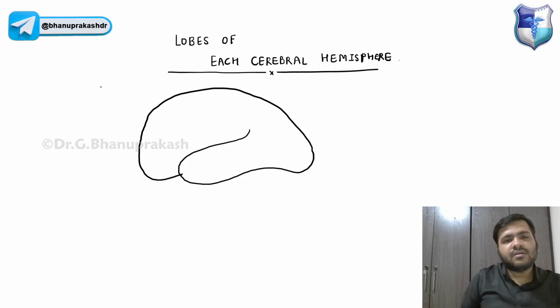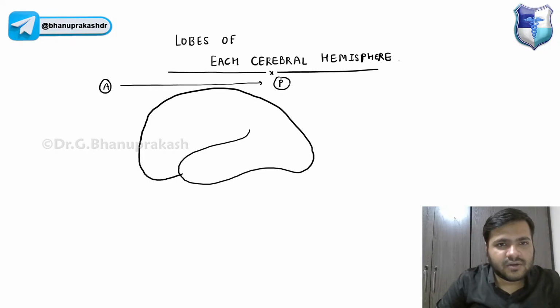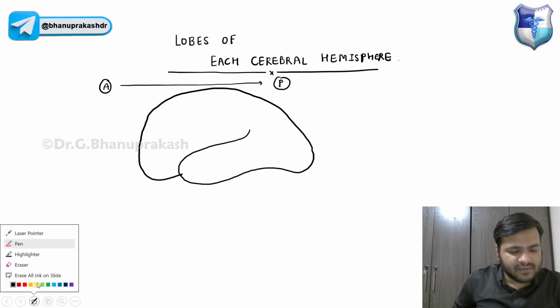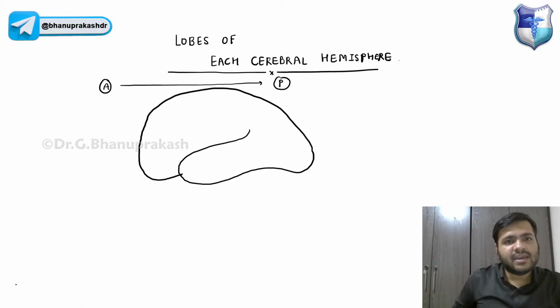Remember, this is a sagittal section, taken from anterior to posterior. Now each cerebral hemisphere is basically divided by three major sulci. I will be discussing all the sulci, no need to worry.